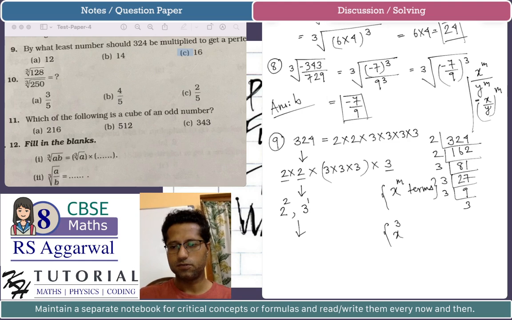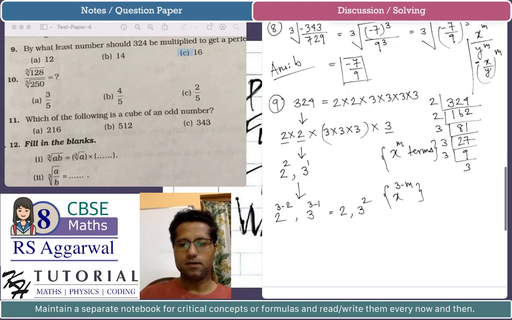So 2 to the power 2 will become 2 to the power 3 minus 2, and 3 to the power 1 will become 3 to the power 3 minus 1, so the terms we have are 2 and 3 square.